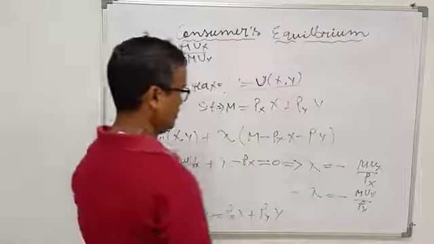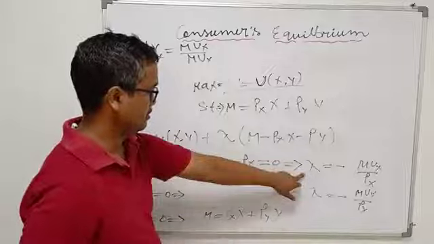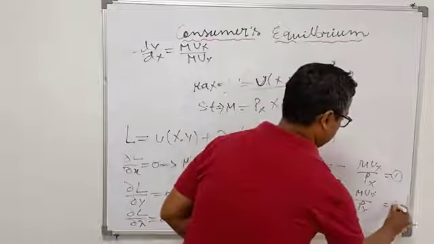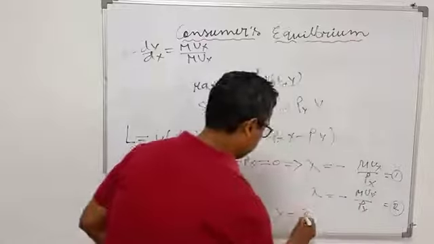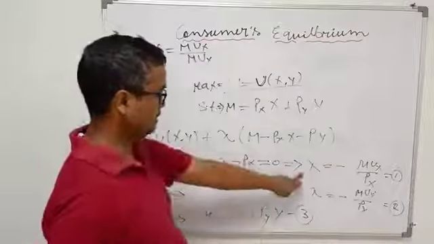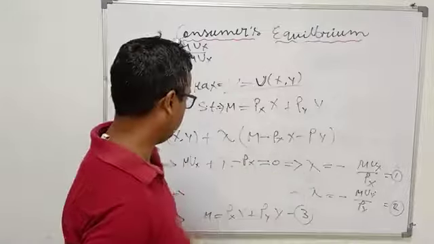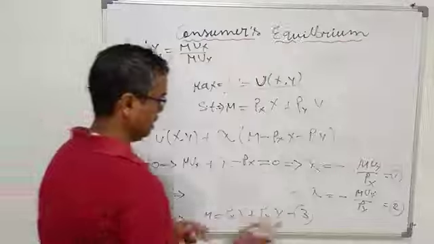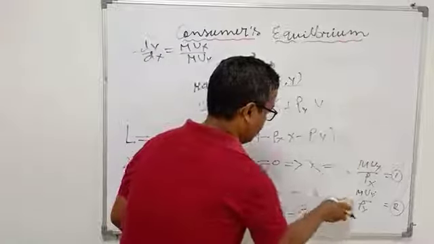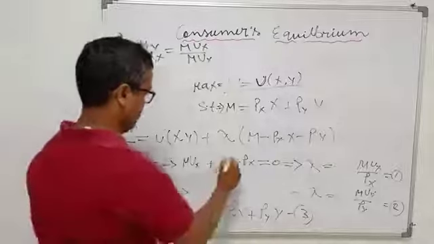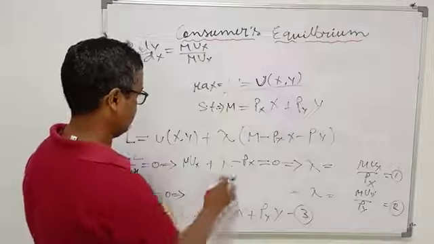Now from here, call these equation number 1, equation number 2, equation number 3. From 1 and 2, lambda is marginal utility of x by px. Here a minus will be there, because you have to change the sign.